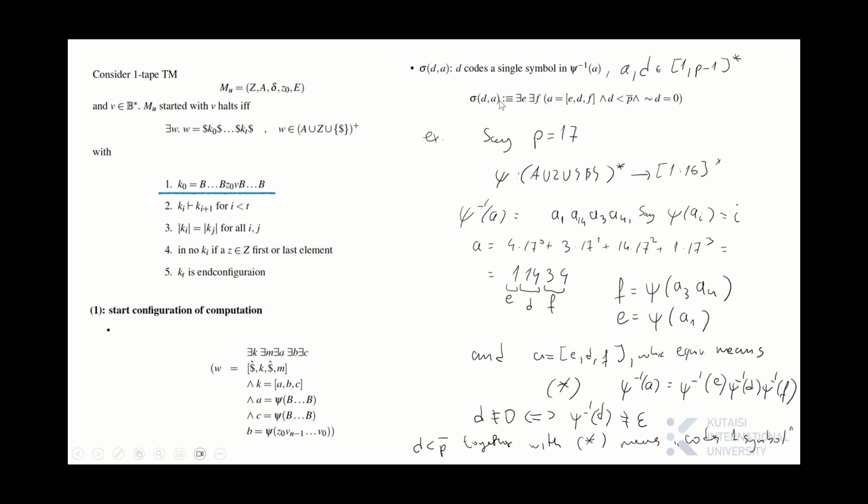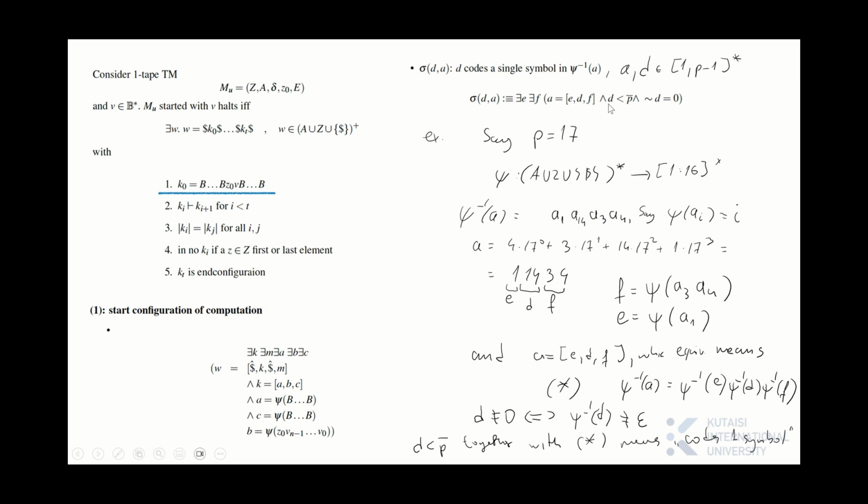So A codes some configuration, and D is just a number inside A, and I want to identify when does D code one symbol. So in psi minus A, which is just a string, when does the D code just a single symbol? And this only happens if you think about it.